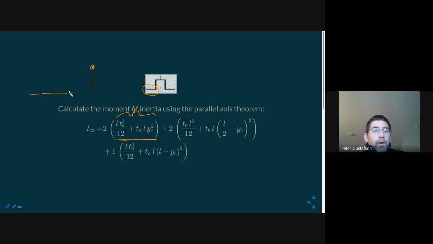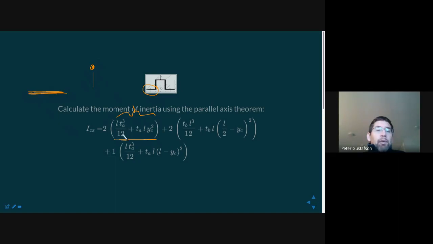Locally, for TA, it's a rectangular section. Of course, we remember the I value for a rectangular section is BH cubed over 12. In this case, H is the thickness and B is the length.